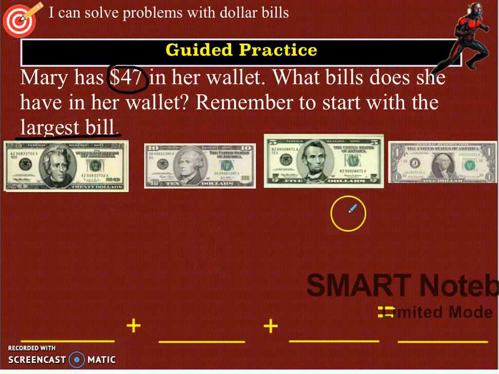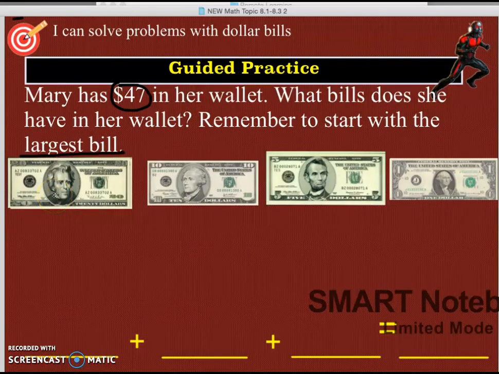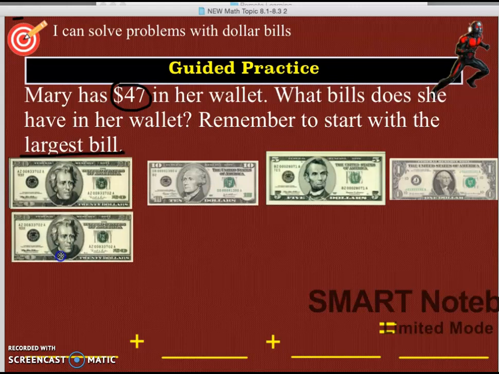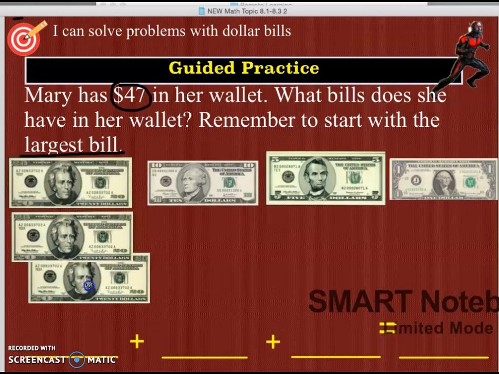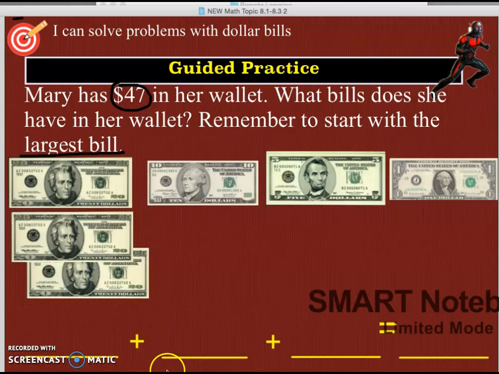So what is the largest bill? Yes, the $20 bill. So let's see how many $20 bills we need. So let's count by 20s. 20, 40.